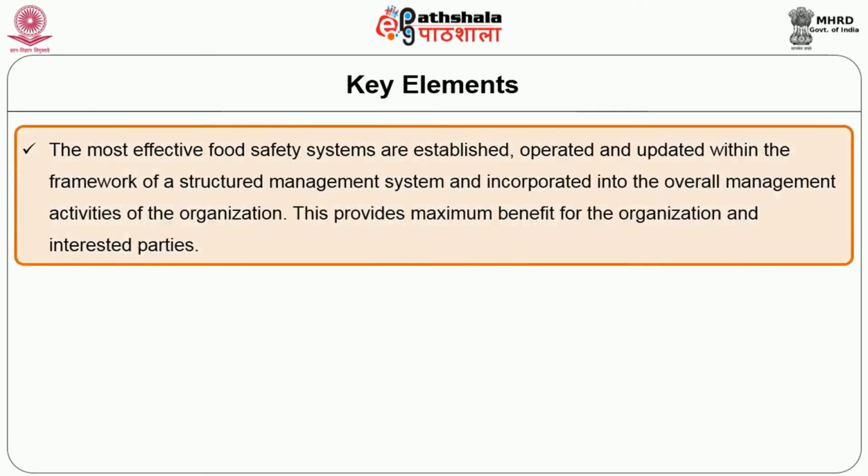The most effective food safety systems are established, operated and updated within the framework of a structured management system and incorporated into the overall management activities of the organization. This provides maximum benefit for the organization and interested parties.